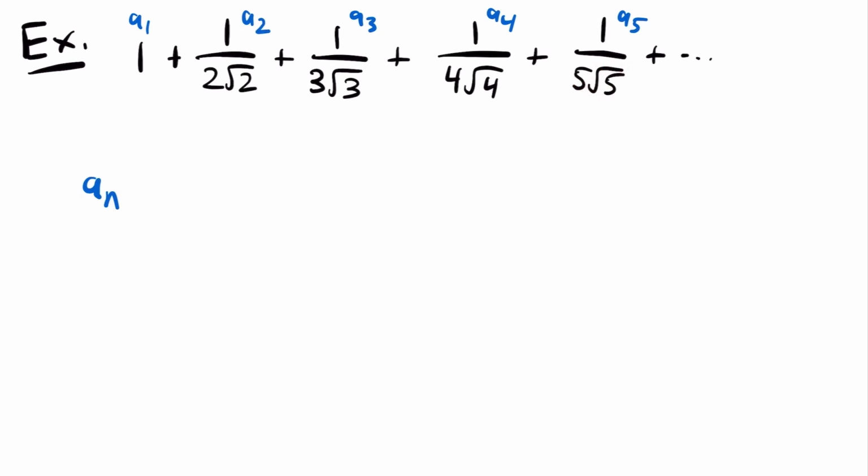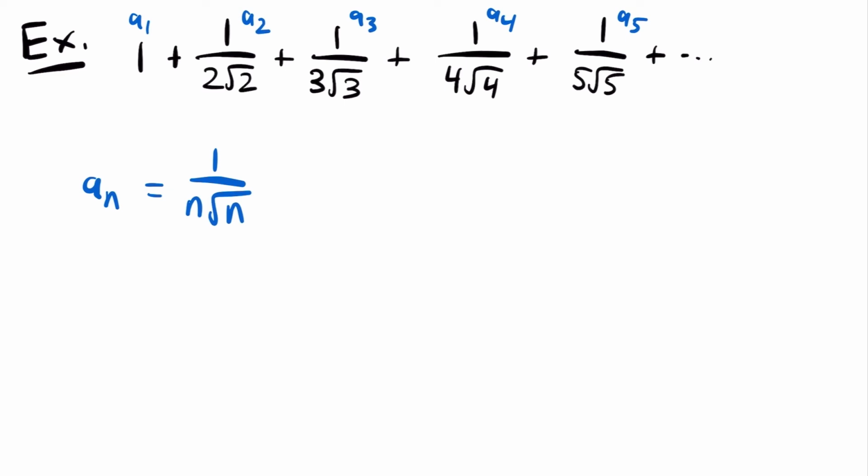And so I believe it's safe to say that a sub n is equal to 1 divided by n times the square root of n. Whatever that value of n is, we multiply that value in the denominator by the square root of that value. And that would still hold true for a sub 1, because 1 divided by 1 times the square root of 1 would be 1 divided by 1, which is just 1.